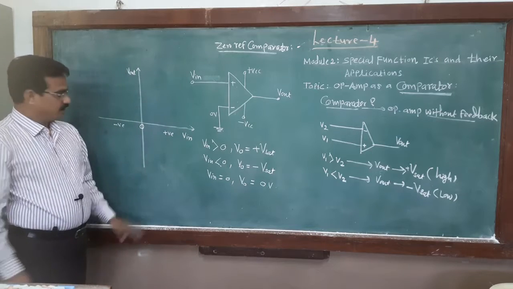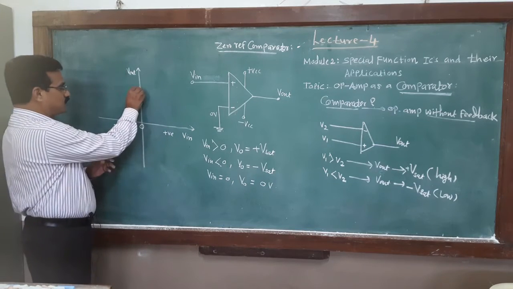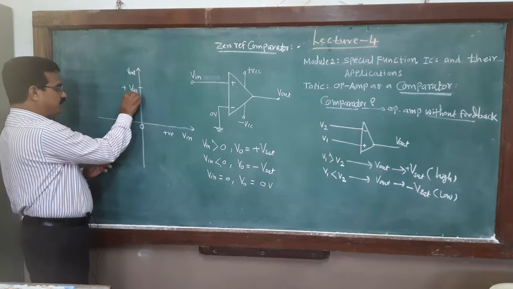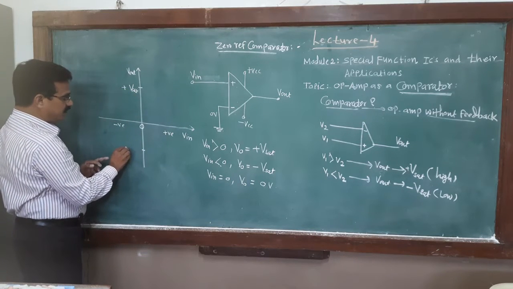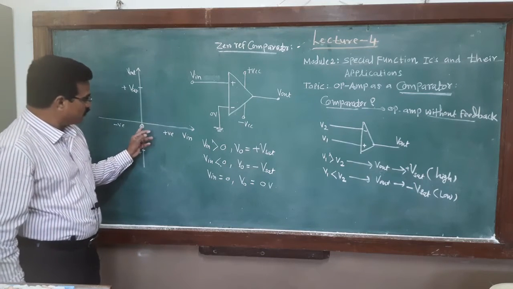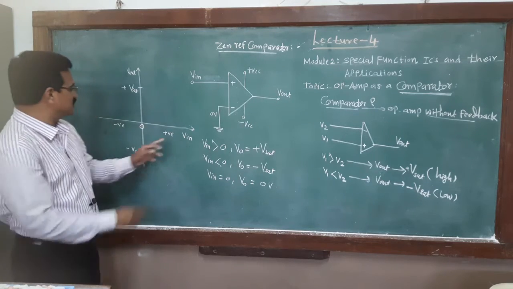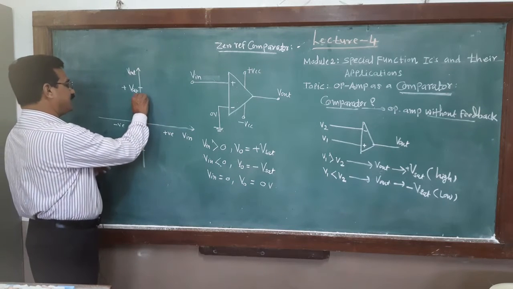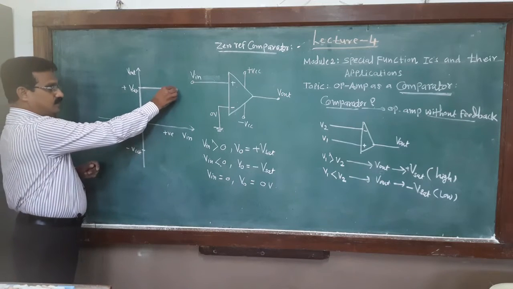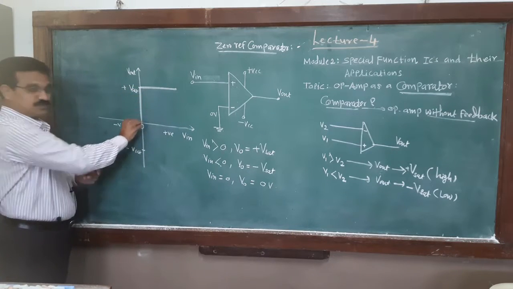The output is 0. But suppose that here is the plus saturation, and here we call it the minus saturation. When the input is greater than 0, at that time the output is at plus saturation.